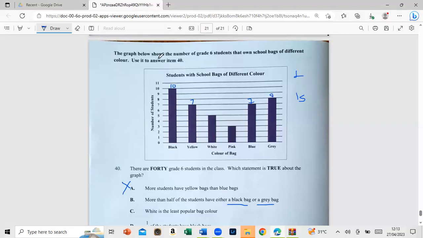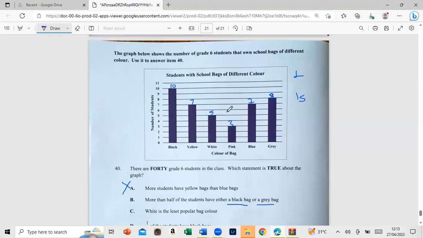Let's see. I'm going to add up and see how many students there are before we start making assumptions. We have 3 right here, white would be 5. So 10 and that's 17, 22, 25, 35, 43.